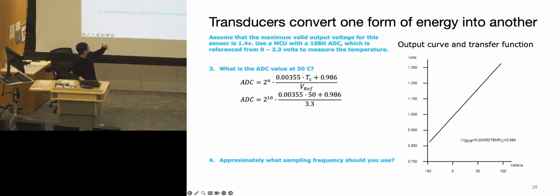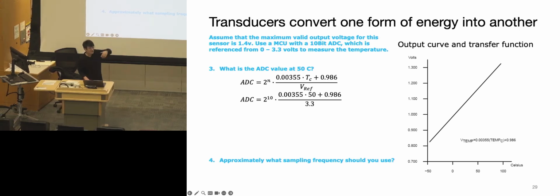So basically, we have the ADC values here, and because the temperature is 50, we just put that into the equation we had from previous slides, and because the reference value is 0 to 3.3, which is peak to peak 3.3 volts, we get the ADC value to be 361. Do you guys get this right? Okay, cool.